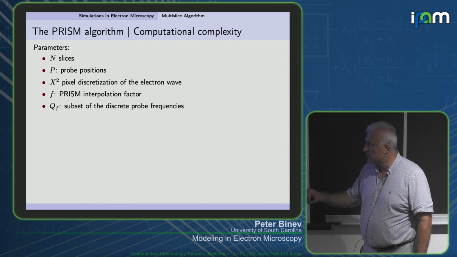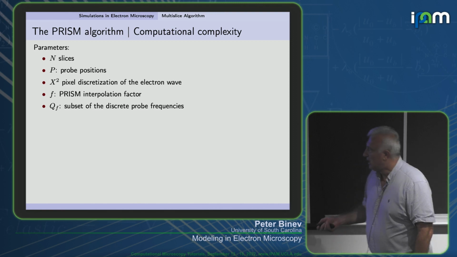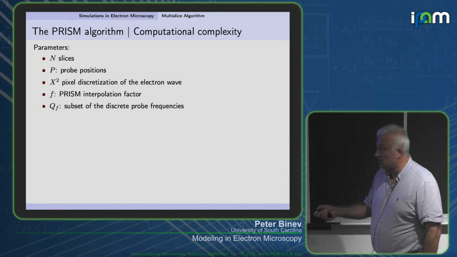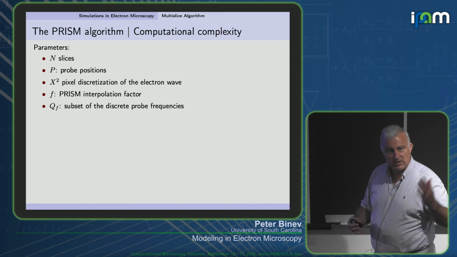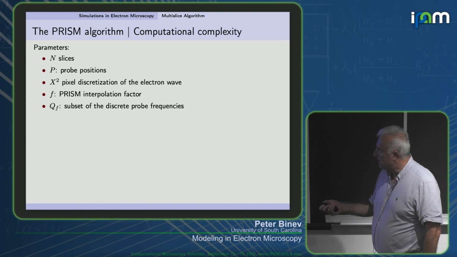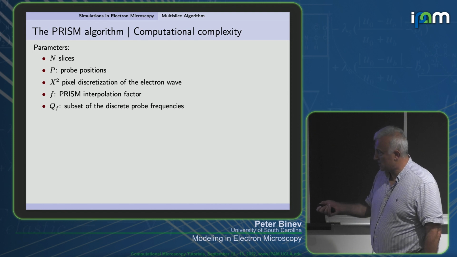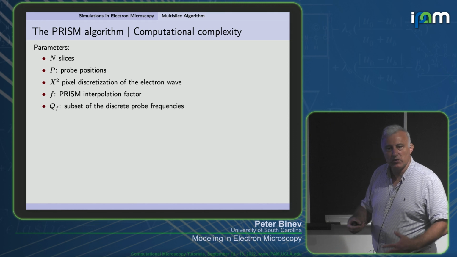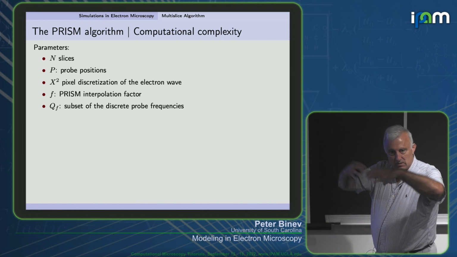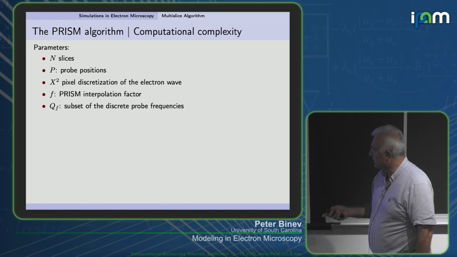So we consider the pixel discretization, usually X is a pretty big number. And we have the interpolation factor, which means how much we subsample the elementary waves. Then we have a subset of discrete probe frequencies, so for this interpolation factor we eventually have not the entire Q, all the elementary waves, but only a small portion of it.